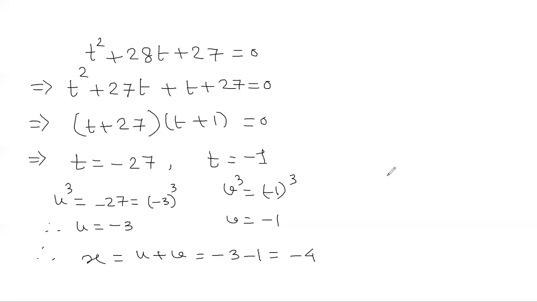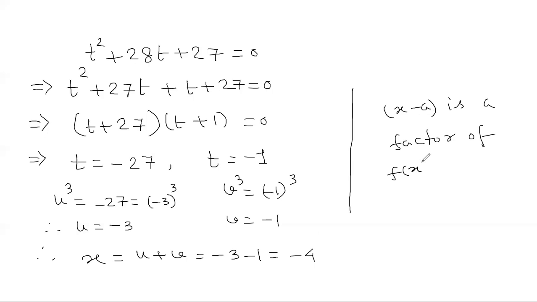Now from the factor theorem we already know, if x minus a is a factor of some polynomial f(x), then x minus a perfectly divides f(x), and f(x) can be written as (x minus a) times q(x), right?